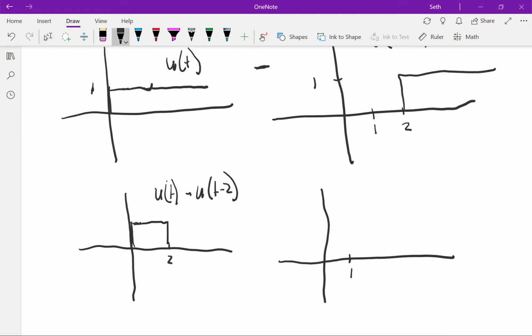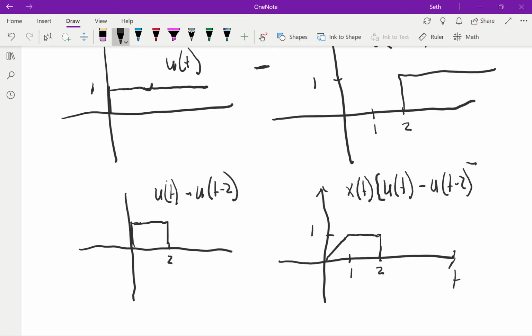This is 1, this is 2, it comes up to 1, goes over, and everything else gets cut off. So this is x of t times u of t minus u of t minus 2.